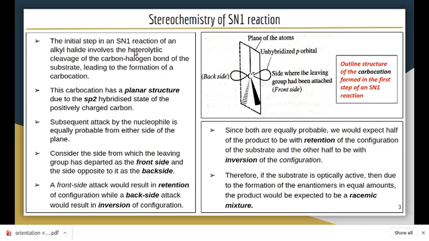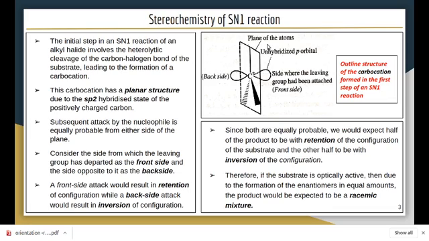Heterolytic cleavage. This carbocation has a planar structure due to the sp2 hybridized state of the positively charged carbon. So this is the outline structure of the carbocation formed in the first step of the SN1 reaction. In the carbocation there are three substituents, one is this, second one and third one. These three substituents are involved in a plane.